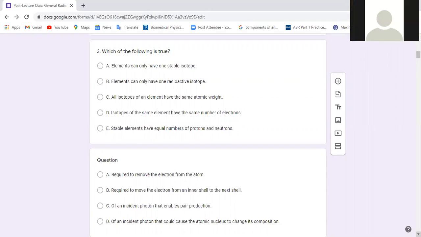I think the answer is D. D is correct, because isotopes have the same number of protons, which implies that they also have the same number of electrons. So D is the answer.